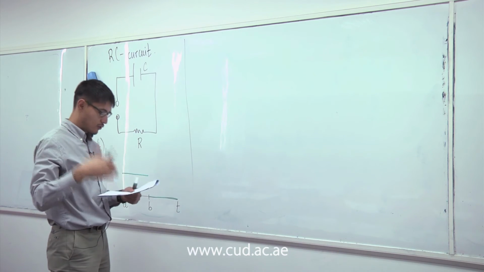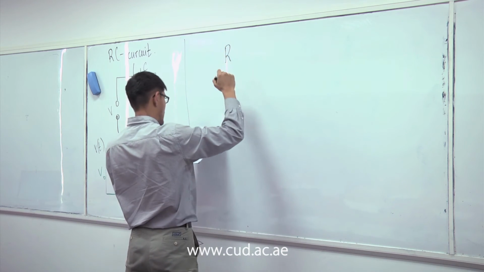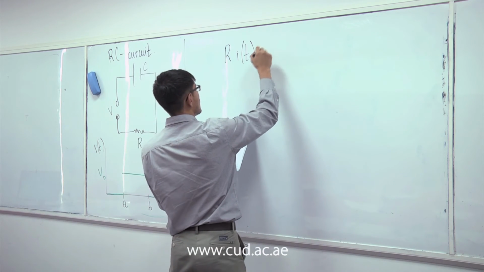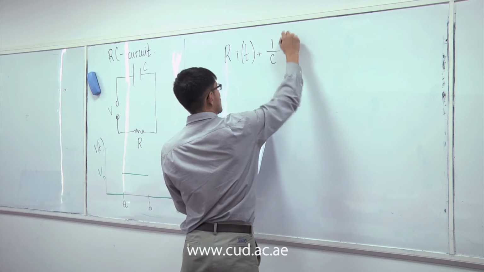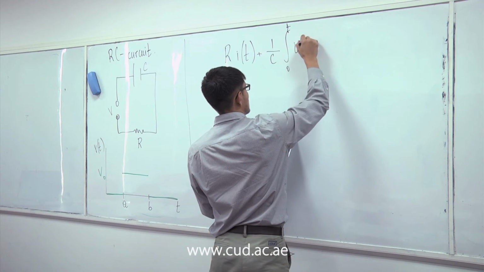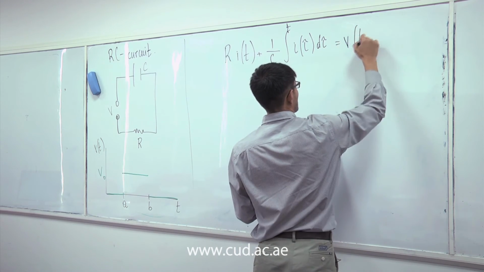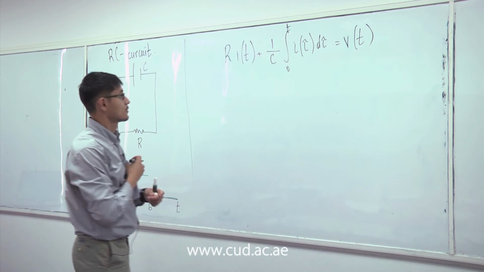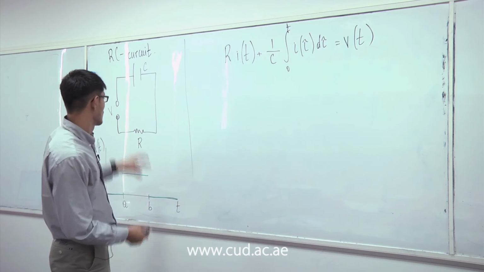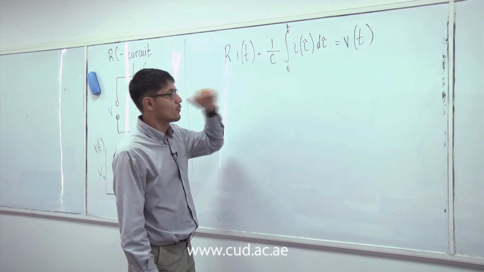Now, it's known from physics or electric circuits that the current in the circuit must satisfy the following equation, and if we solve this equation, we will find the current.